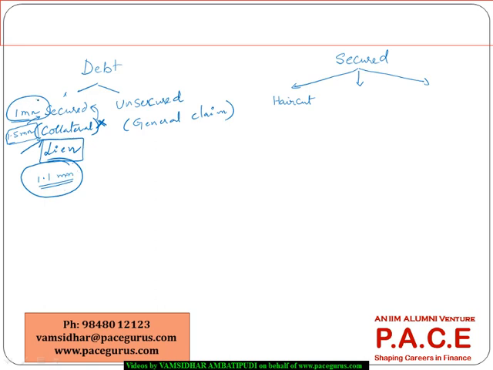They lend only that much amount, which means they are making sure that at any point in time, the lender wants to ensure that the collateral value in the future will also be greater than the loan amount. So they will put a cut on the value of the collateral and lend only that part of the amount.